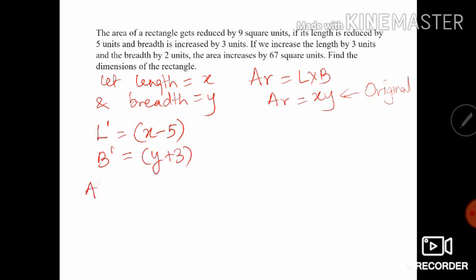So our new area A dash will be equal to the new length multiplied by the new breadth, that is x minus 5 multiplied by y plus 3.